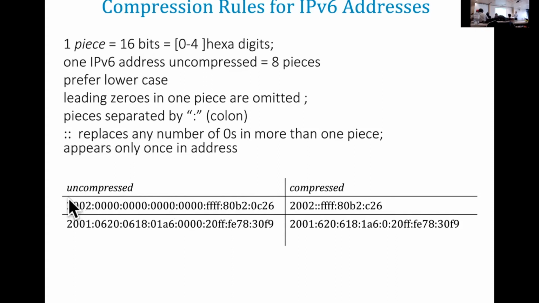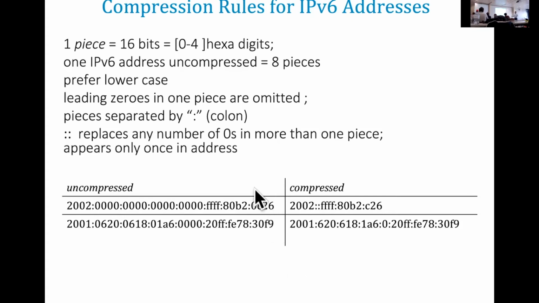We represent each piece by 4 hexadecimal digits. Each hexadecimal digit is 4 bits, so it has a value between 0 and 15, where 15, for example, is F. We separate these pieces by colons, like here. And we prefer lowercase. As you see, an uncompressed version is very long. So there are some compression rules to make the addresses shorter and more readable.